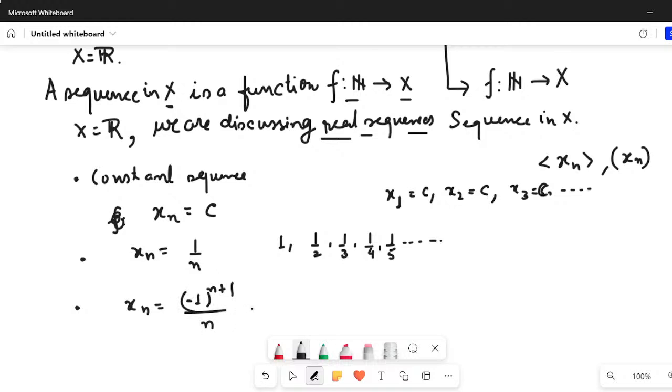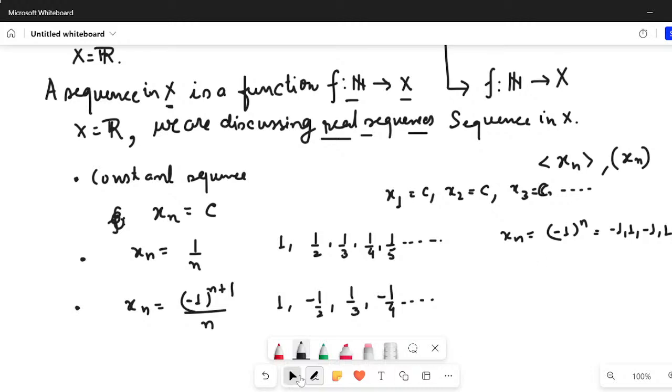The different part about this is that it will contain both positive as well as negative terms. I hope you are getting all these things. Another sequence is xn equal to (minus 1) raised to power n. It will alternately be minus 1, plus 1, minus 1, plus 1, and so on. All these are sequences.